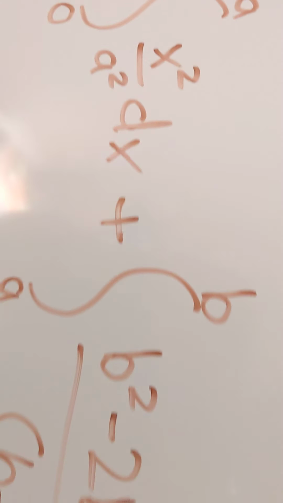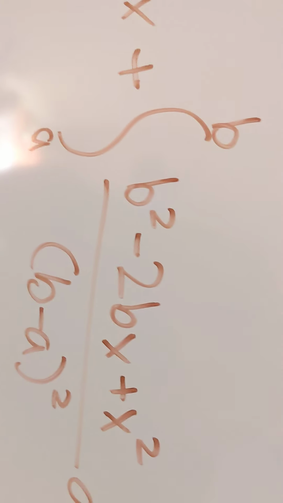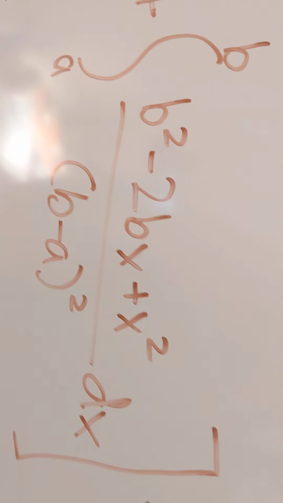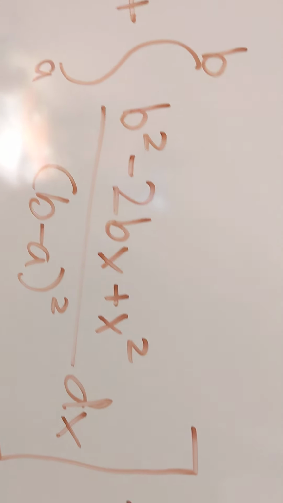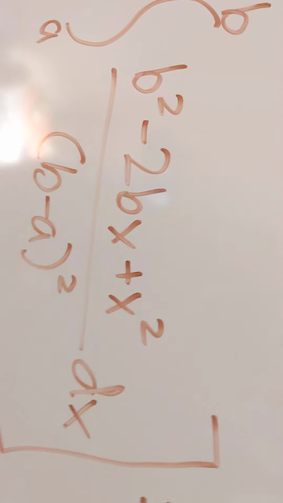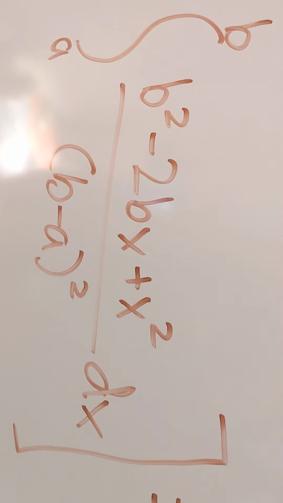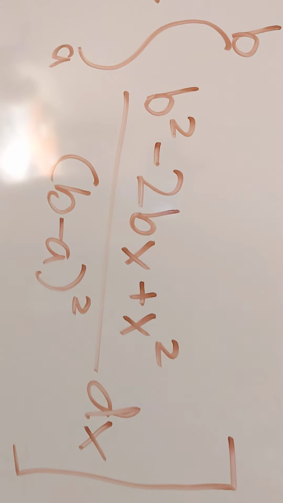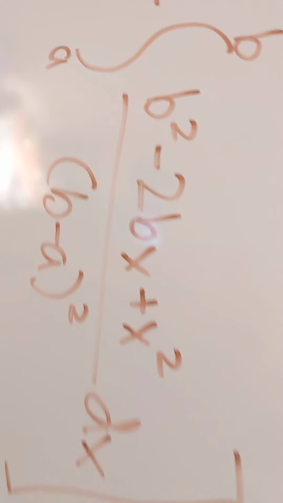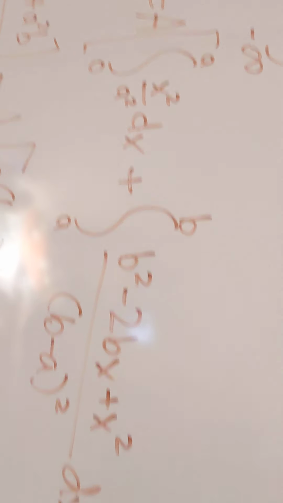And then the other part of the integral is for the wave function between a and b. Again, the probability density function is that wave function times its complex conjugate, and again, no imaginary numbers, so that's simply the wave function squared. So here, this is the wave function between a and b, and I am just squaring that to get this value.